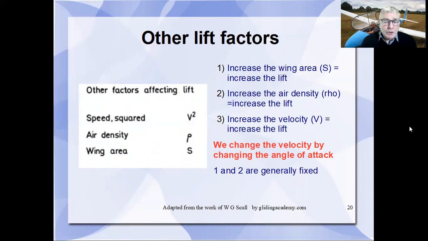And if we increase the velocity, so the speed that the wing is traveling through the air, then we will increase the amount of lift that it's generating. And we change this velocity by changing the angle of attack. This is the key thing.